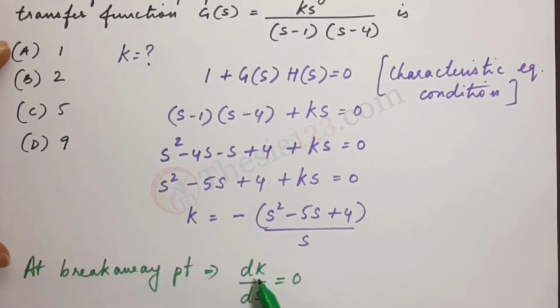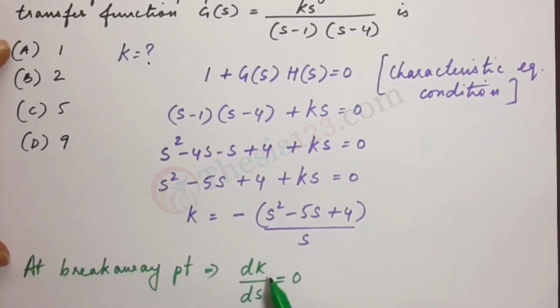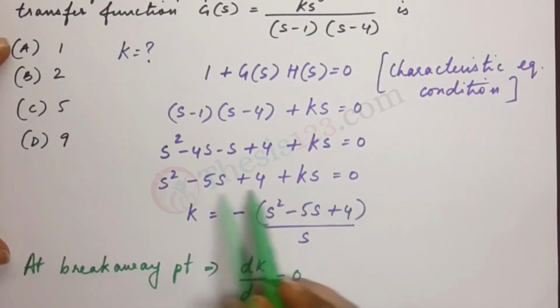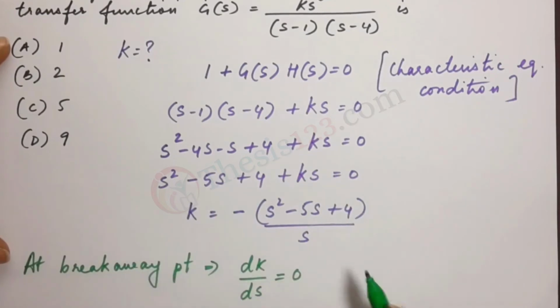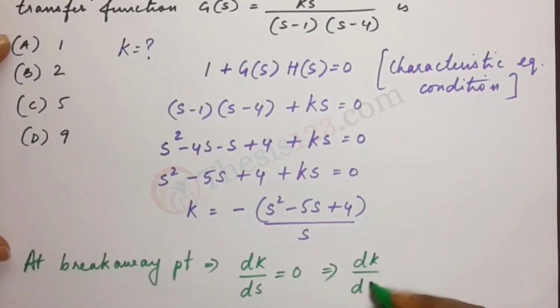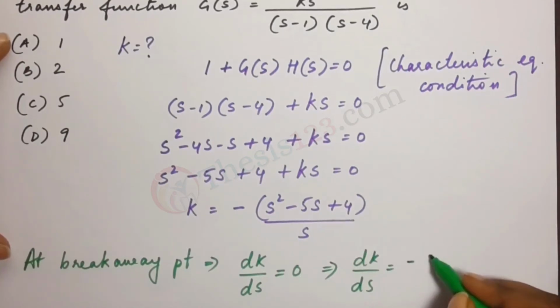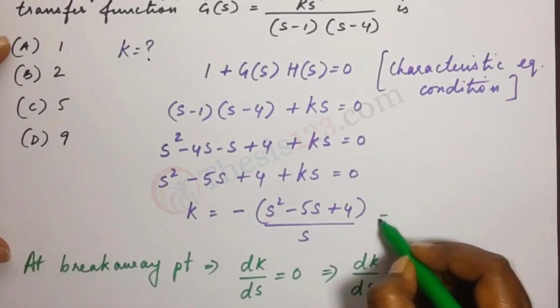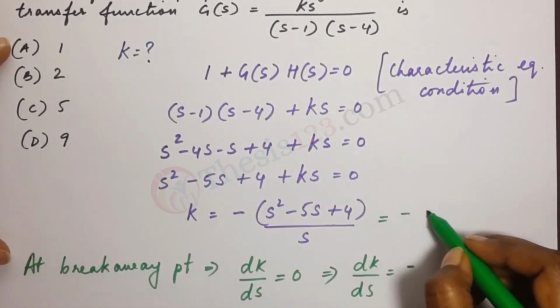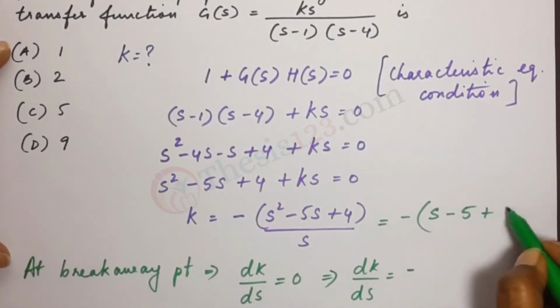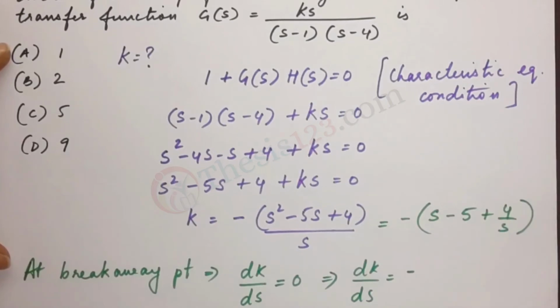The differentiation of the gain with respect to s will give us 0. So if we differentiate this expression here, we get dK by ds would be equal to minus of, if we divide by s here, we can write the expression as s minus 5 plus 4 by s.